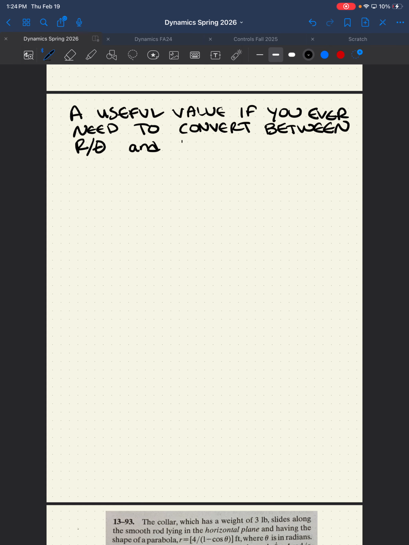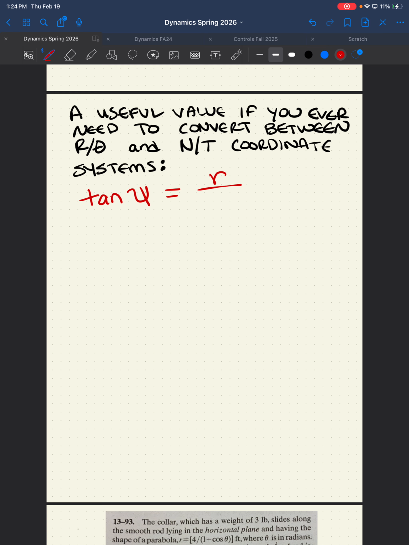So if you get a negative value for psi, you're actually being told the angle that goes clockwise from u hat r to the negative u hat t. So this is the angle you found if psi turns out to be negative.